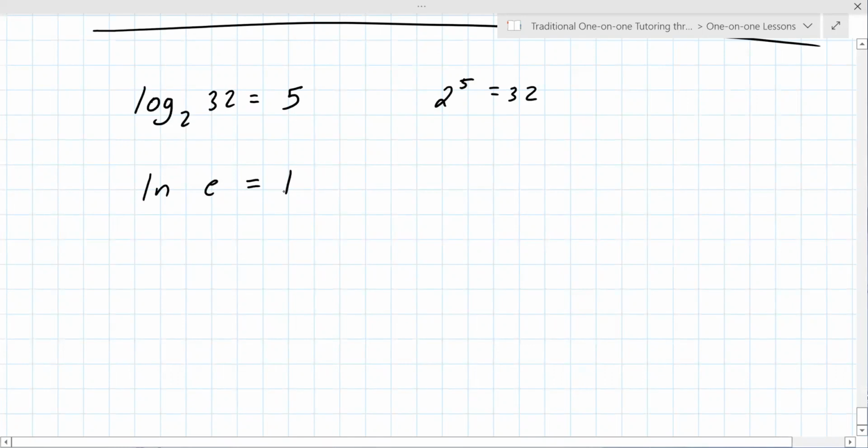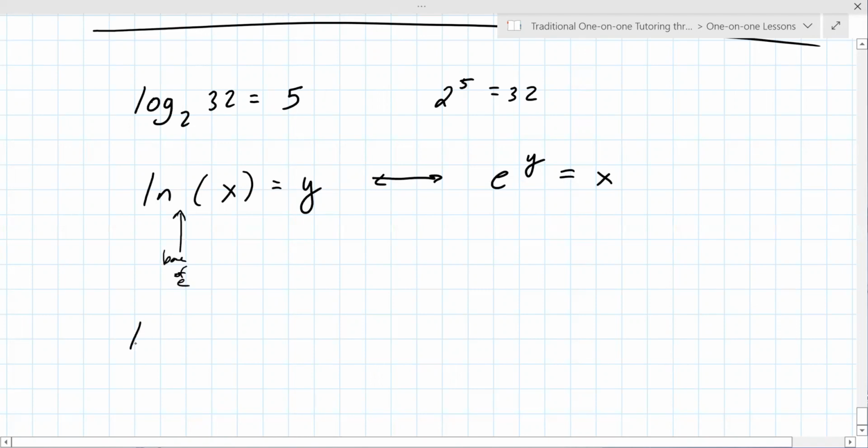The way this works is just like over here. Actually, this is a bad example. Let me just use letters for this one. Let's say the natural log of x equals y. This one is a little bit different. It becomes e to the y equals x. And you're like, well, wait, where's my base of e?